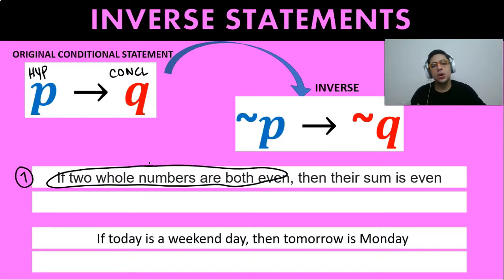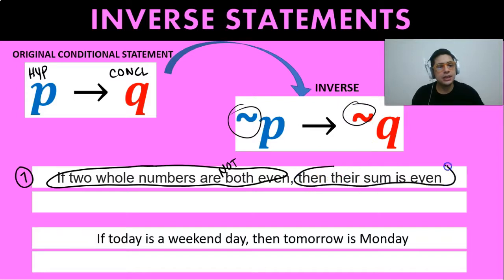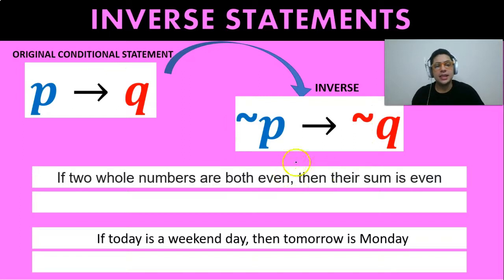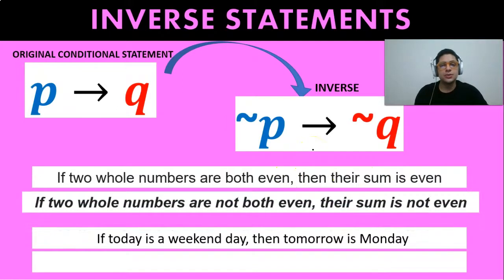So if two whole numbers are not both even, because we have to find the negation, and then we're going to also negate the conclusion, then their sum is not even, okay? And that is how we find the inverse. So the inverse is going to be, if two whole numbers are not both even, then their sum is not even, okay?